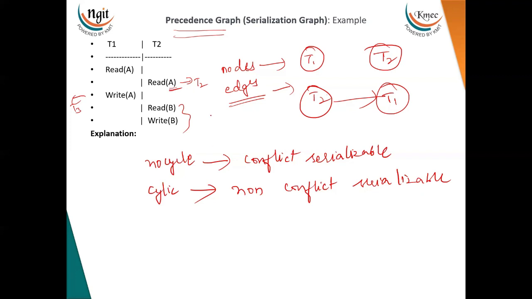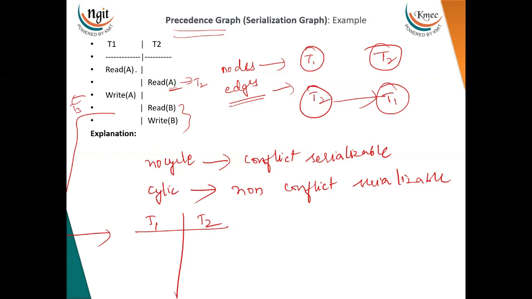After swapping, what do you mean by after swapping is, now look at this particular table. I am making some sort of changes over here. This is T1 transaction and this is T2 transaction. So here, read operation is made on A by T1 transaction and read operation is made on A by T2 transaction. Furthermore, T2 transaction is not performing any write operation on A. Clear?